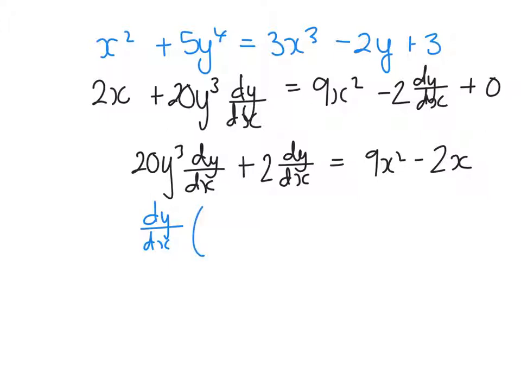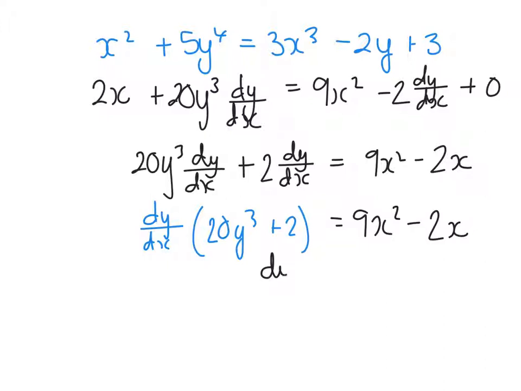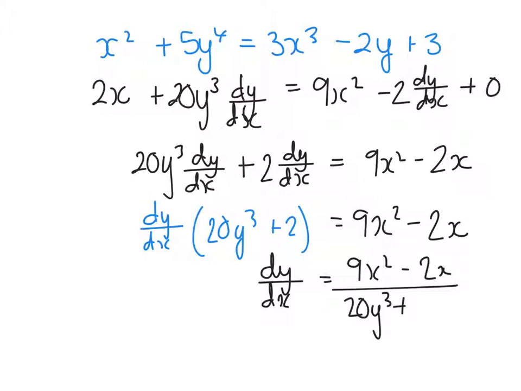That gives me 20y cubed plus 2, and I've still got the right hand side. You could factorise if you so chose, and then lastly I can divide to give me dy by dx, which is 9x squared minus 2x, all divided by 20y cubed plus 2.